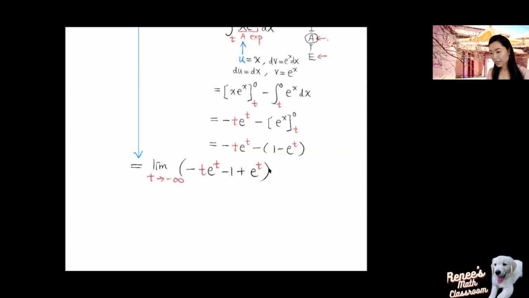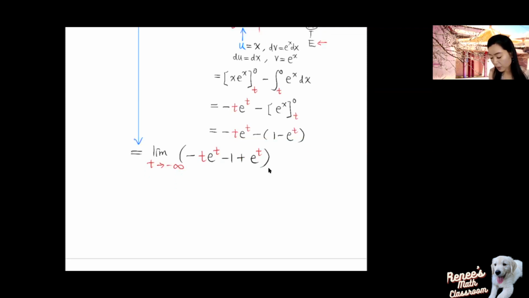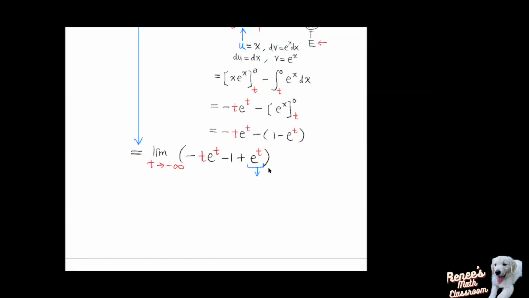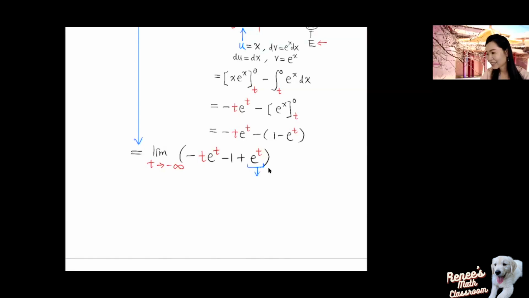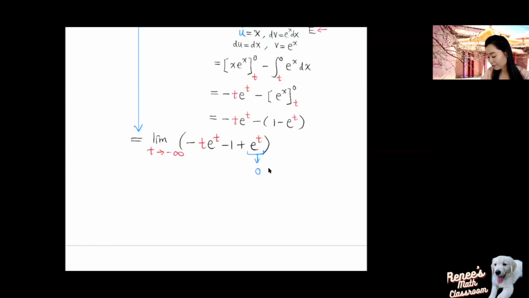Now over here we know that when t goes to negative infinity, e to the t goes to what? It goes to 0. Remember the graph for e to the x is like this.